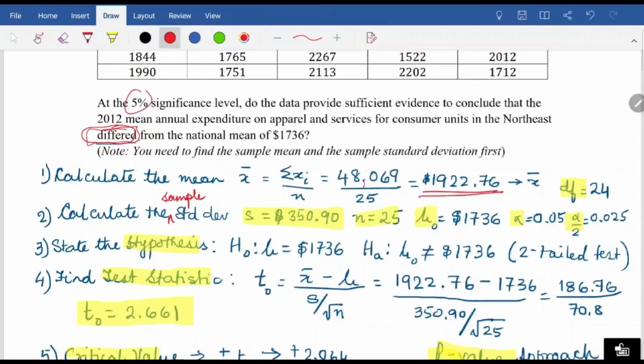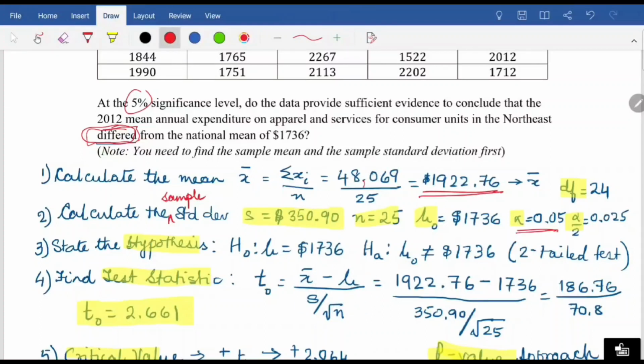So now that we've stated our hypothesis and we also determined our alpha is going to be 0.05, we are going to find the test statistic. That means the evidence from our sample data. So the test statistic is going to be calculated using this formula. Now it's going to be a t-test because we are not given the population standard deviation. We are working with our sample standard deviation, so it's going to be the t-distribution that we have to use. So we plug in all our values into the formula.